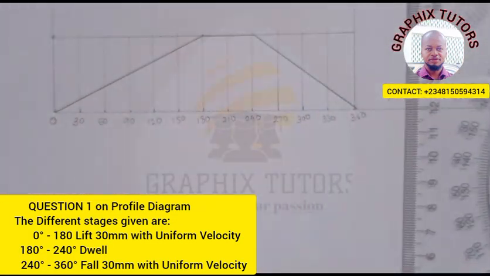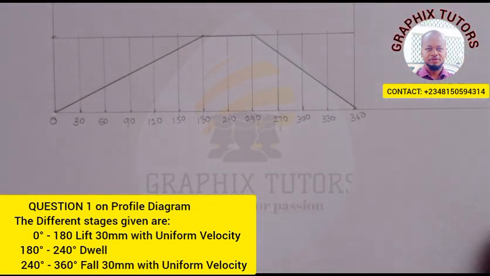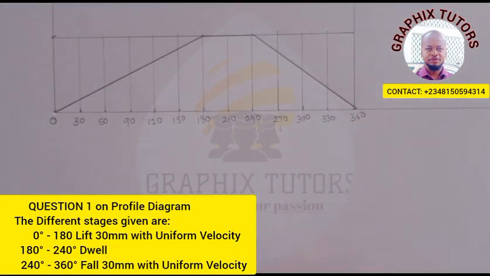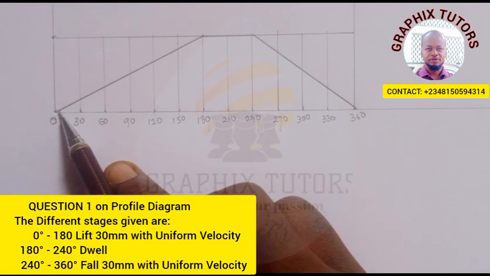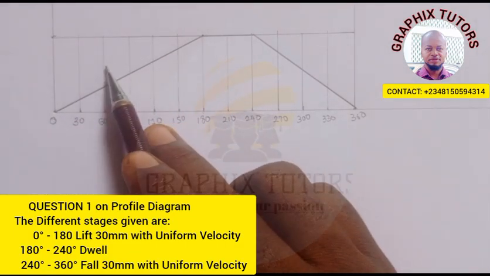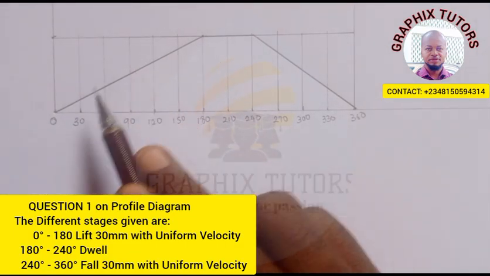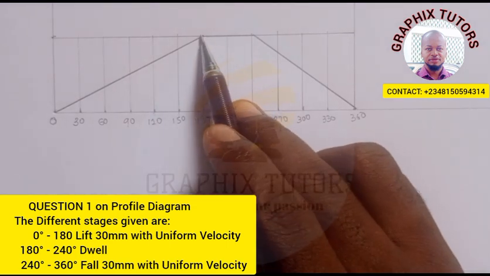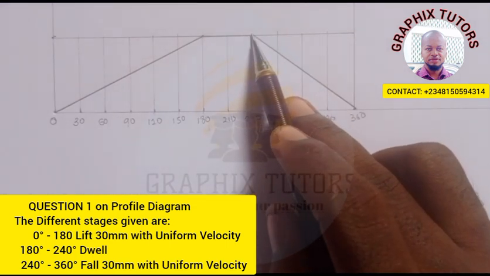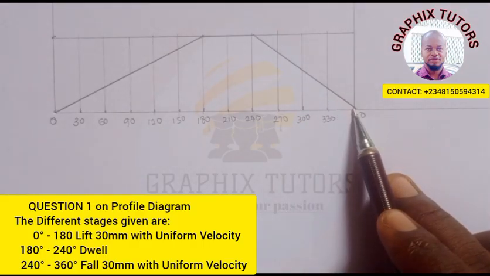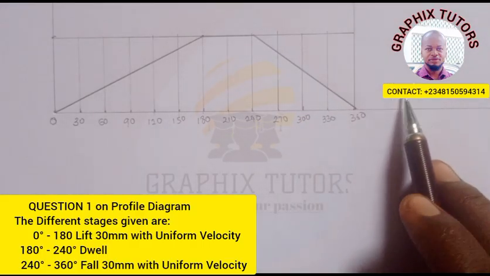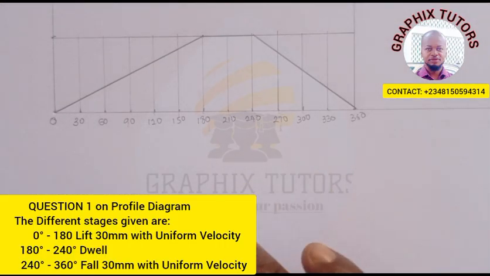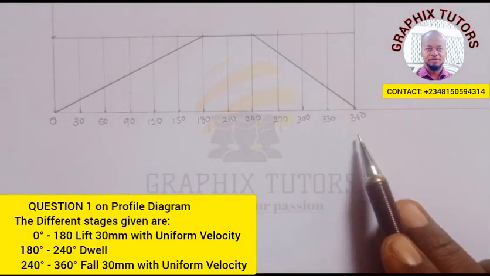This is our profile diagram for a cam or a follower that lifts 30 millimeter with uniform velocity from 0 to 180 and dwells from 180 to 240, then falls with uniform velocity again with 30 millimeter. This is what we have for the first one. This is uniform velocity here. So anytime you are dealing with uniform velocity, you use a straight line.